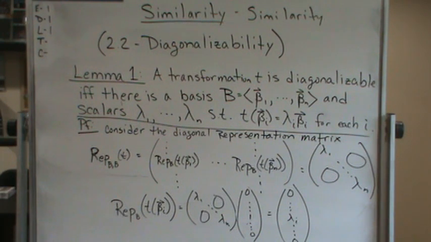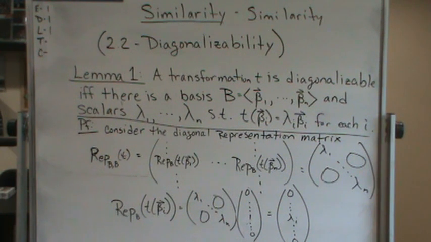Okay. Now it says consider the representation of a member of this basis with respect to the basis, the representation with respect to B of beta sub I. Okay?